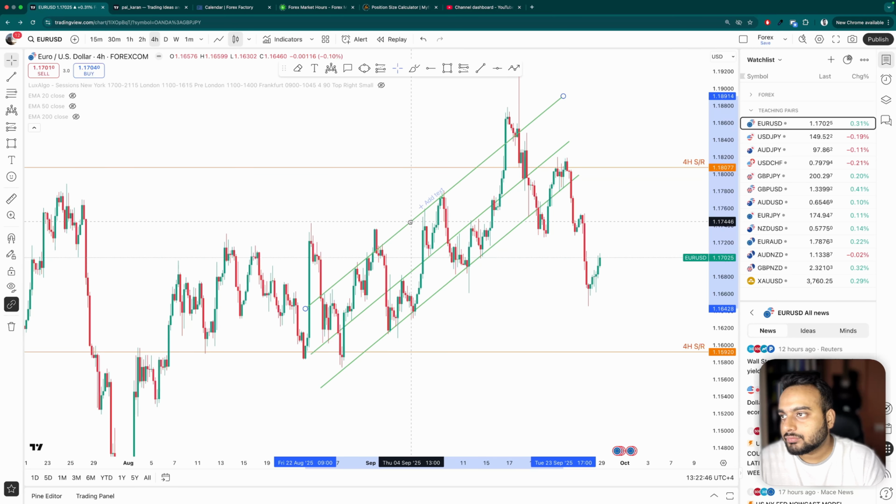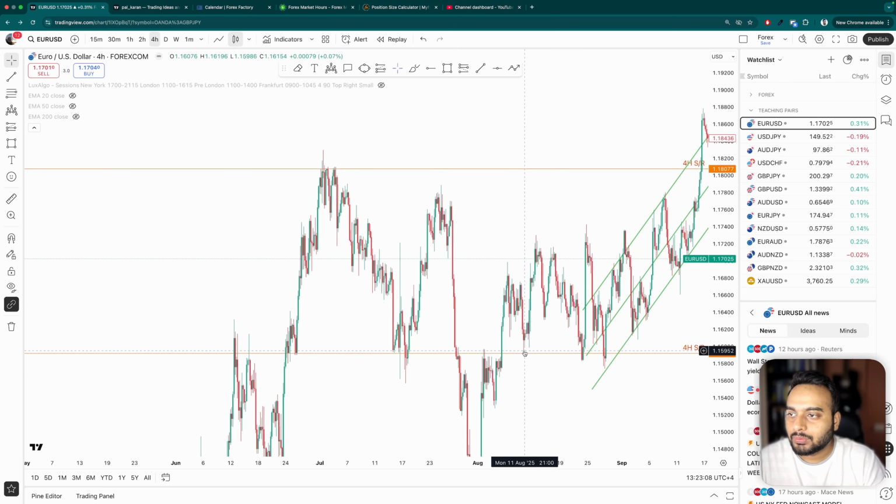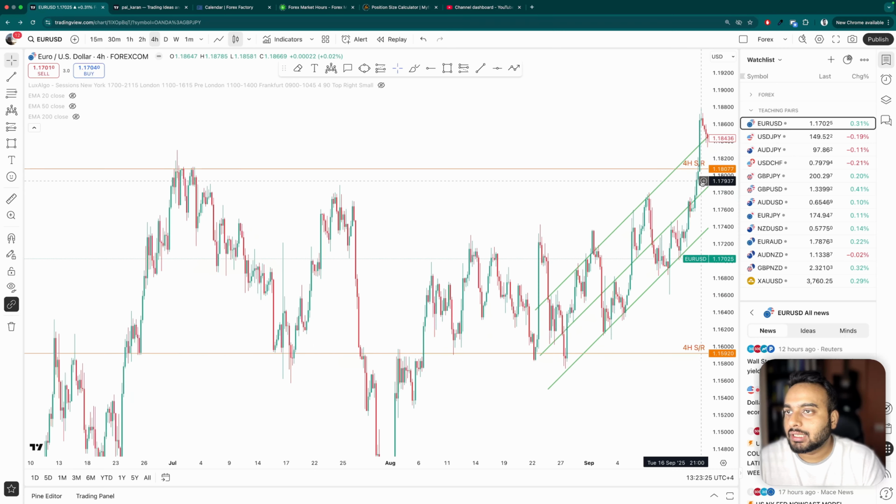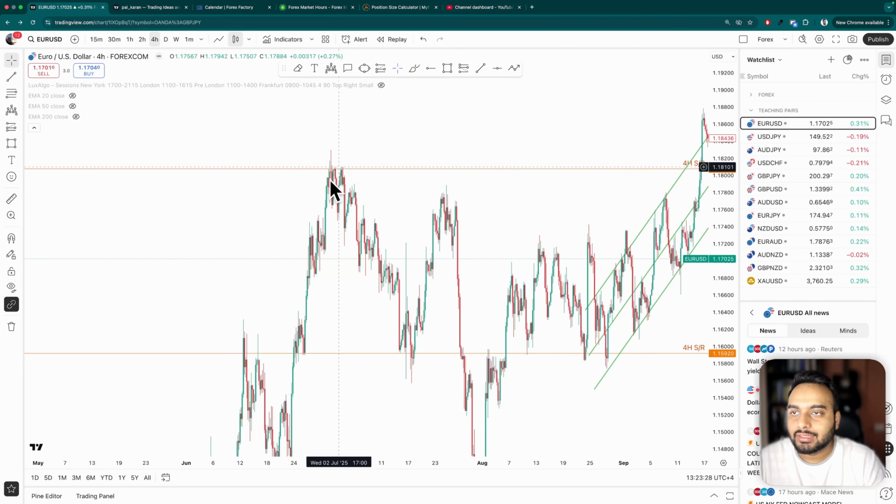This is a big range right here. It covers a lot of touches, and it covers a very big swing high which was not broken for a longer period. This happened on 1st of July 25 and it got broken on 16th September 25. Imagine the kind of value it has. That's a very big swing high.